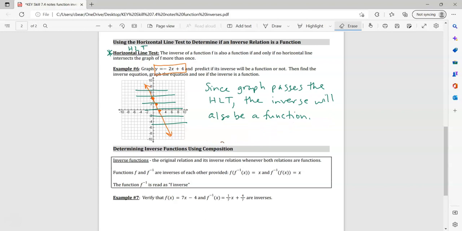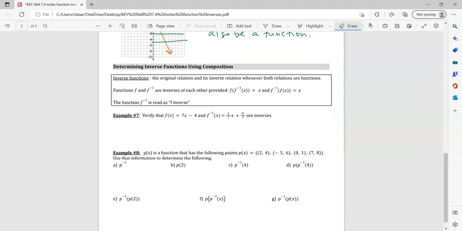Okay, so now let's talk about determining if things are inverses by using compositions, okay? So if we do that, an inverse function says the original relation and its inverse relation whenever both relations are functions, okay? The functions f and f inverse, so by the way, this notation right here, if I can just highlight that, this is the same as saying f inverse, so inverse of f.